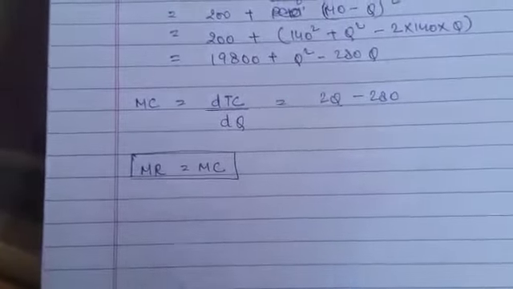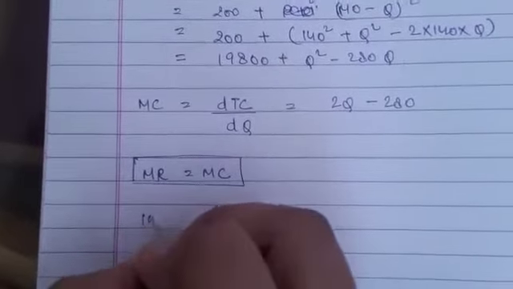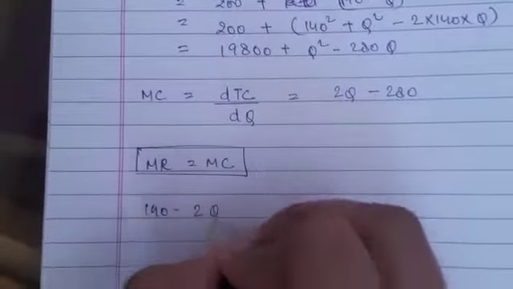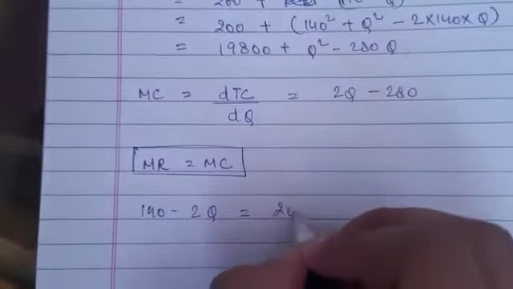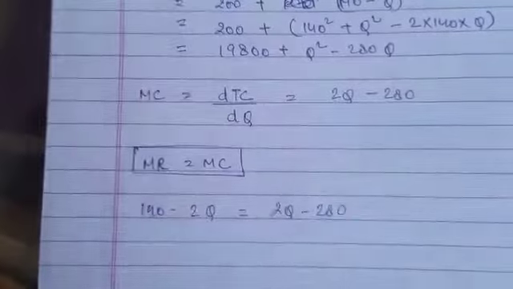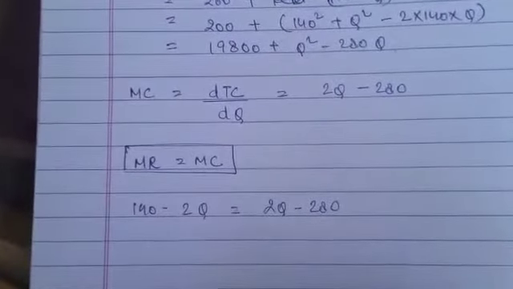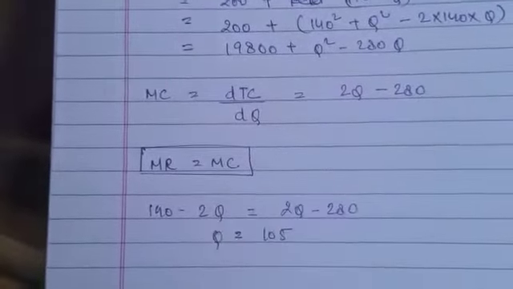Marginal revenue we got as 140 minus 2Q. Marginal cost we just solved, 2Q minus 280.